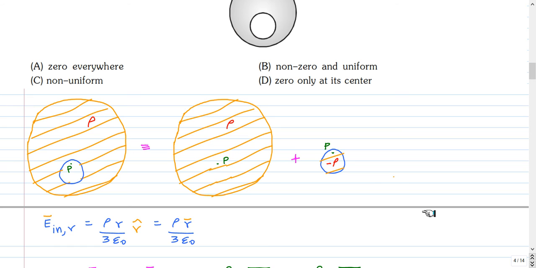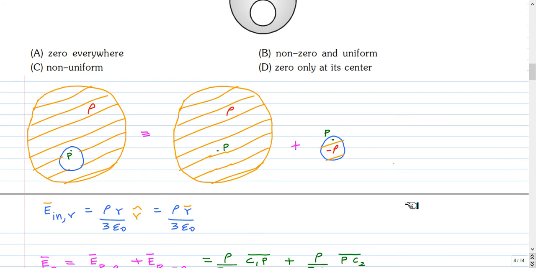So to find the electric field due to a uniform volume charge distribution, we'll use a standard result, that is, the electric field is rho by 3 epsilon naught into the r vector.